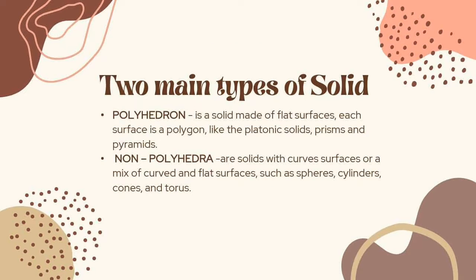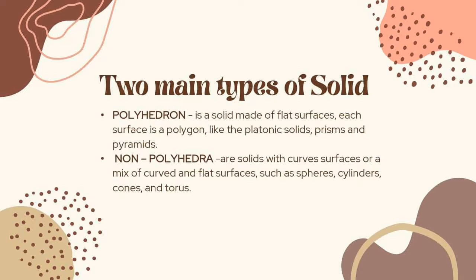So there are two main types of solid, which are the polyhedron and non-polyhedron. Polyhedron, or what we call polyhedra, is a solid made of flat surfaces. Each surface is a polygon, like the platonic solids, prisms, and pyramids.